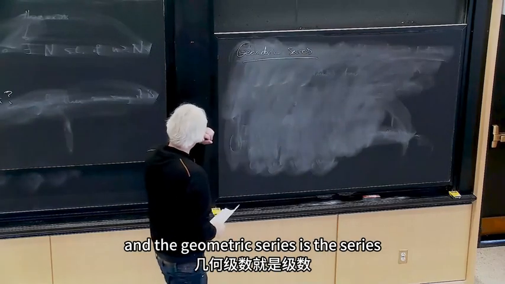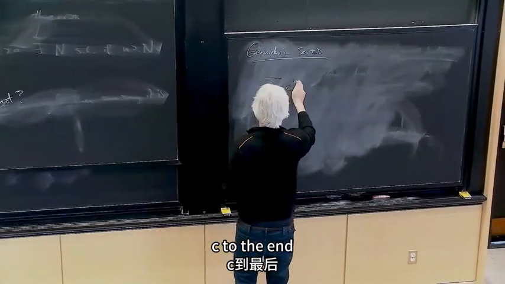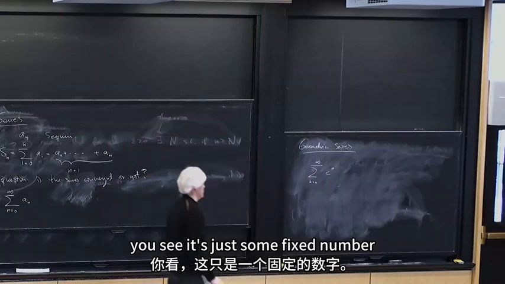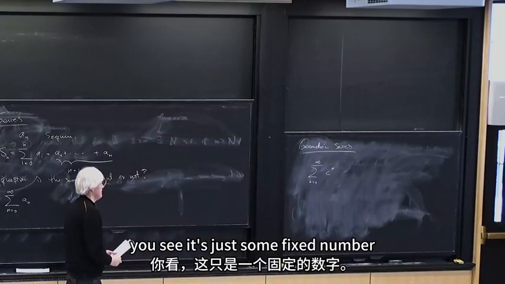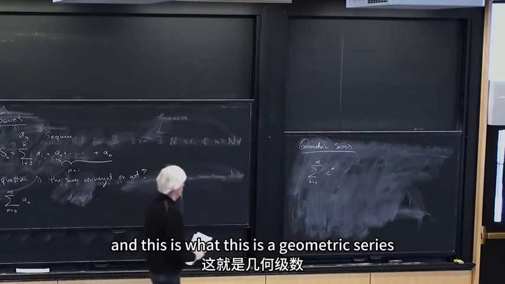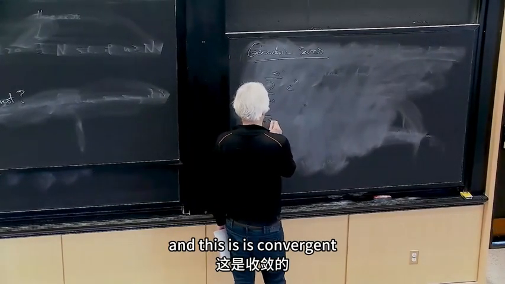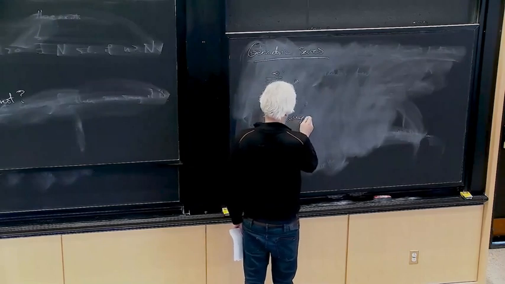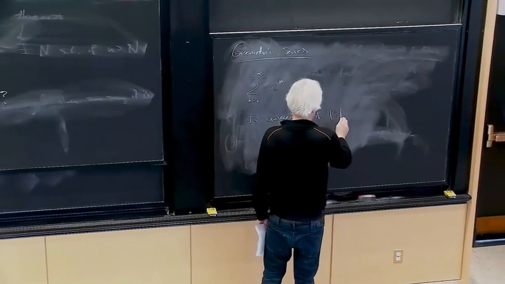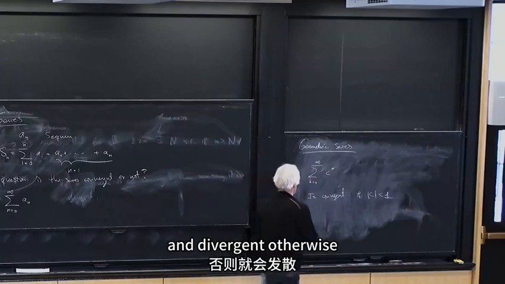And the geometric series is the series sum of c to the n, n equal to 0 to infinity. C is just some fixed real number, and you're looking at this. And this is the geometric series, and this is convergent if the absolute value of C is less than 1 and divergent otherwise.